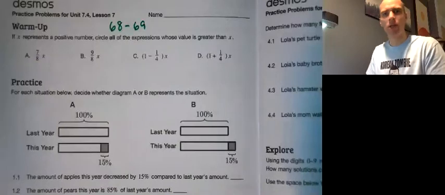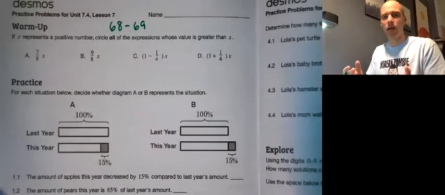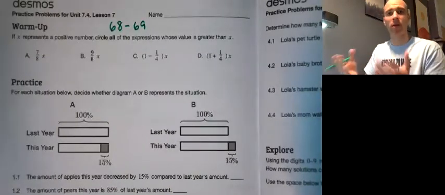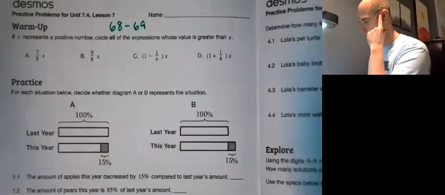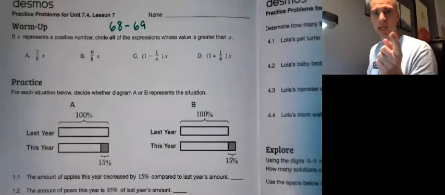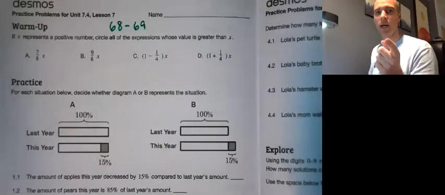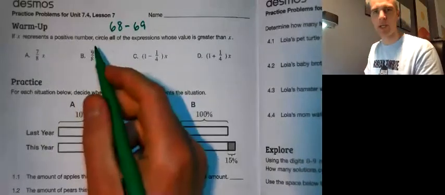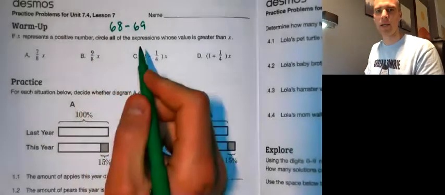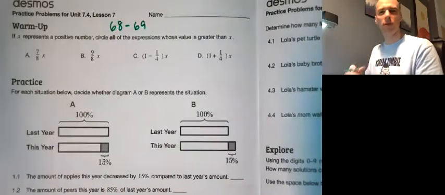So I'm just going to look for the ones where x is being multiplied by something bigger than 1. I know that product will turn out bigger than x. Everything I just said only works because x is a positive number. If they didn't give us that information in the question here, then the rules are a little different.